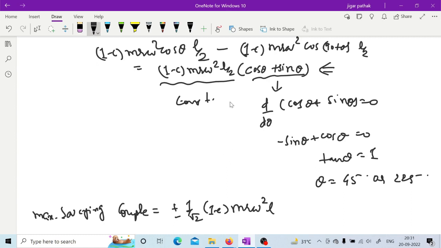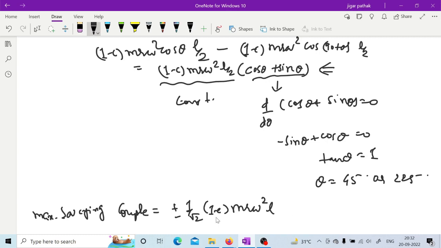See, it will be this 1 by root 2 only, because 1 by root 2 plus 1 by root 2 will be 2 by root 2, right? And 2 will be cancelled with this 2. So it will remain 1 by root 2 (1 minus c) m r omega square L. Okay, sir. Correct?